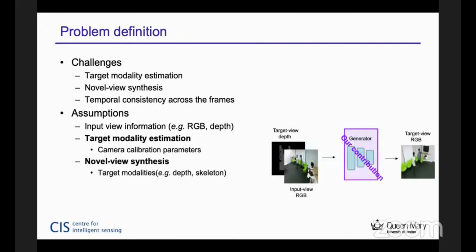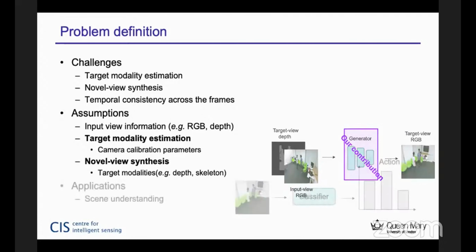The second sub-problem is the synthesis task, which is the main contribution of our work. We have the target view modalities along with the input view video, and the goal is to model a function or a generator to synthesize the target view.